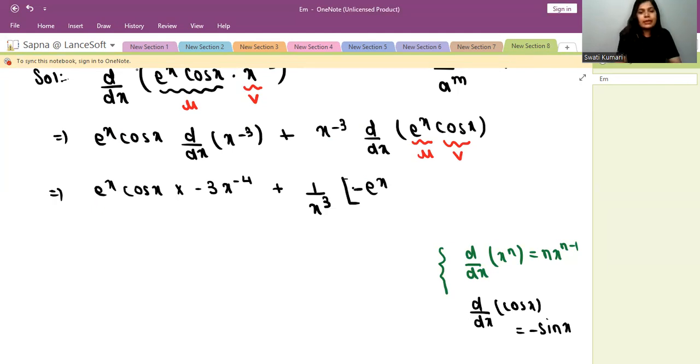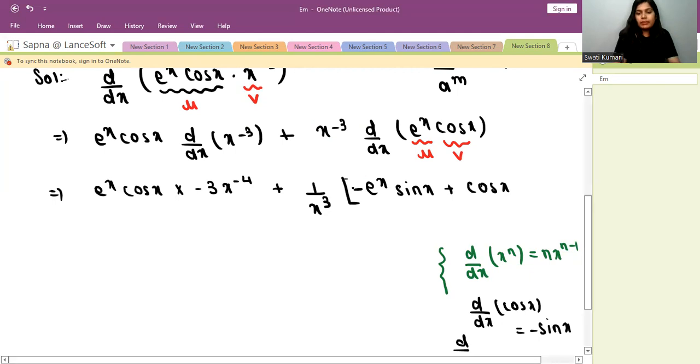So I'm writing the negative sign here and then sin x. Then using the formula, the sign is plus, and keeping v constant, that means cos x constant, we have to do the derivative of the exponential function. You know that the derivative of the exponential function is the same; it does not change.